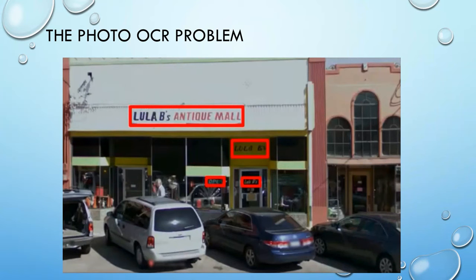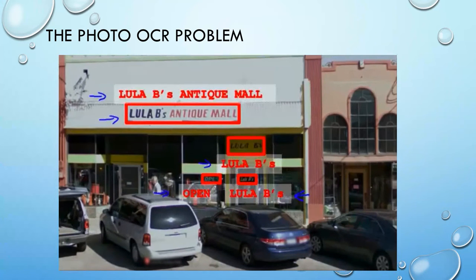First, we need to know the location of the text. For example, here you'll see these red rectangles. These are the regions where the text appears. So first we need to find these rectangles. We need to find text here, and also here, and some other places. So the first step is to find the regions which include text.